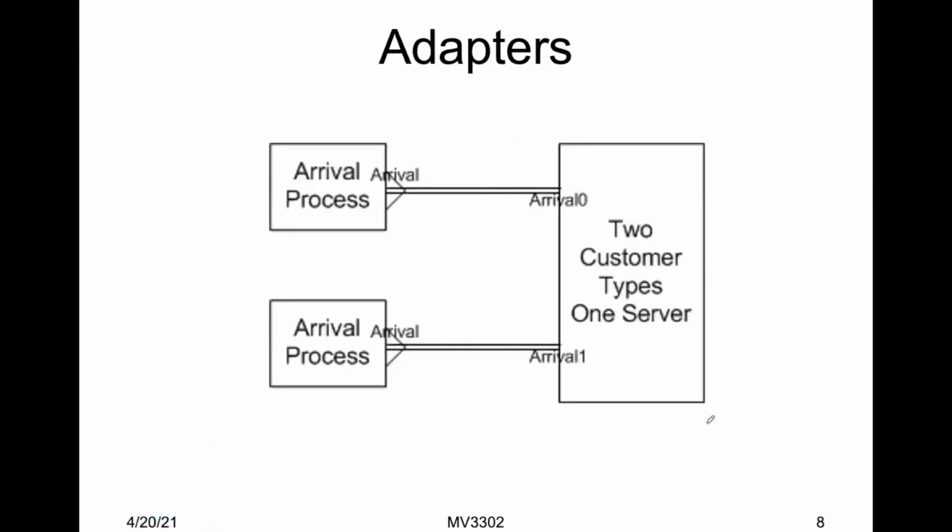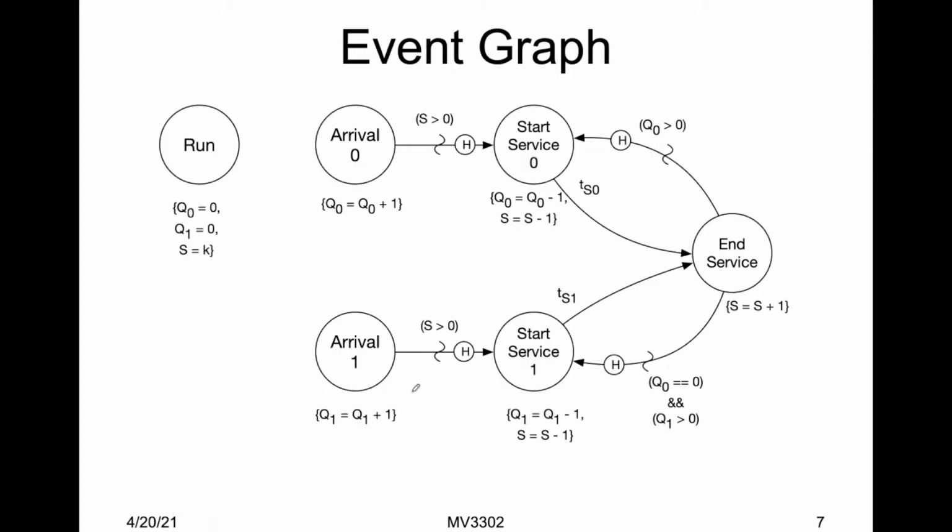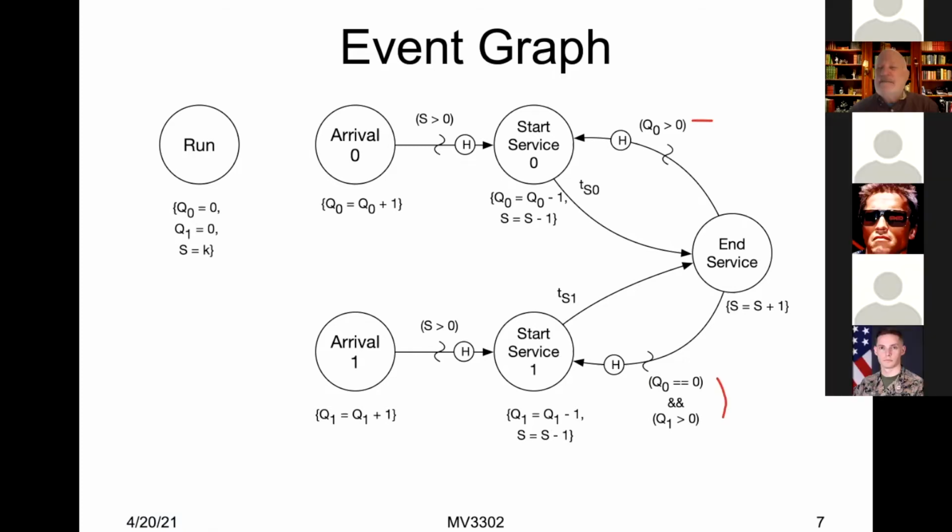Okay. So remember I mentioned adapters. Question? Can we go back to that slide? Why not add the condition of and a server must be available, or and S must be greater than 0? On both of them. Great question. Can anybody answer that? Is it because you've already established this server's greater than 0, number of servers?